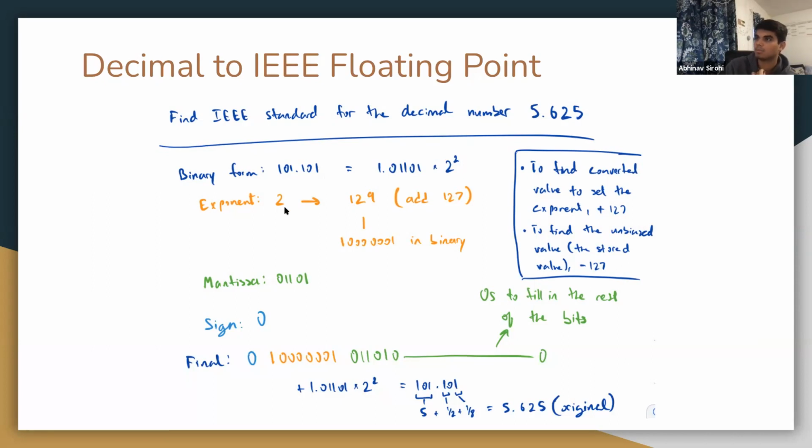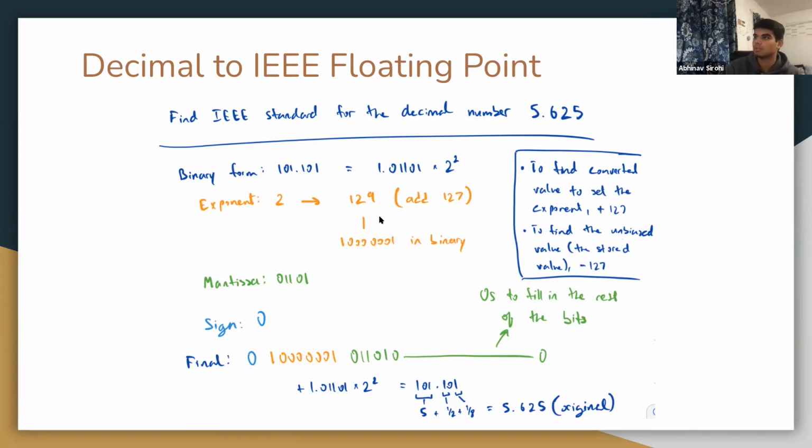Because the exponent is 2, we add 127 to it to store the binary equivalent, and we get the number 129, which is equivalent to this binary string here. To find the converted value that we want to set the exponent to, we add 127, and to find the unbiased value, which is the actual stored value, we subtract 127.